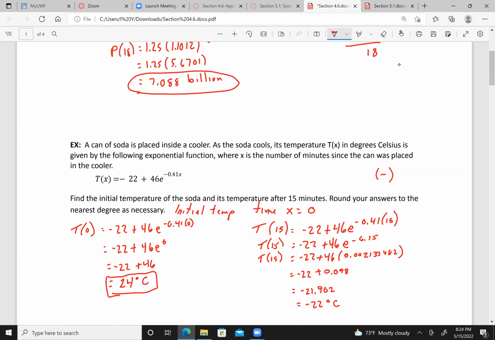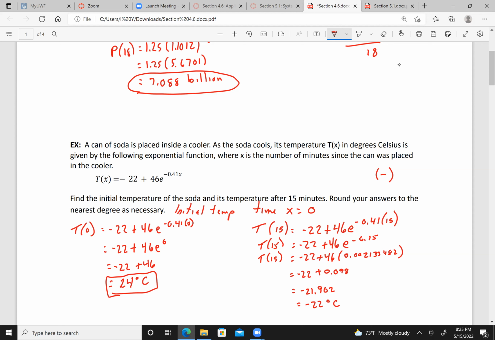Let's check our math here and see what's going on. 0.41 times x, which is 15. 0.41 times 15 is 6.15. E to the negative 6.15 equals, get that. Okay, multiply that by 46.